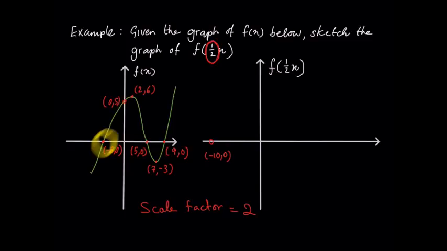The intercept on the y-axis will be unchanged. It will still be at 0, 5. The vertex at 2, 6 will move to the new location 4, 6.